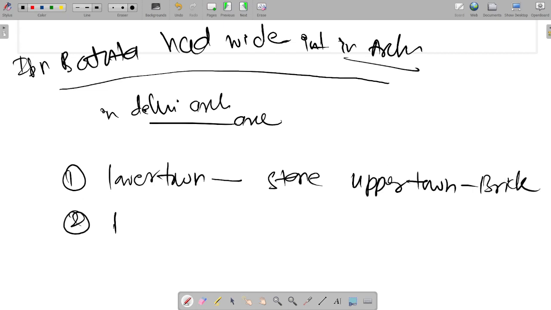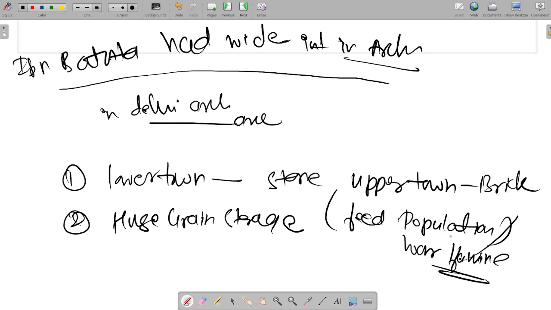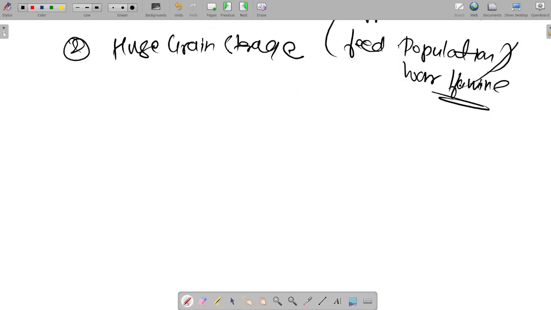The place was having a huge grain storage to feed the population of the city, and during war or famine. Ibn Battuta has also mentioned the unique darwaza system.